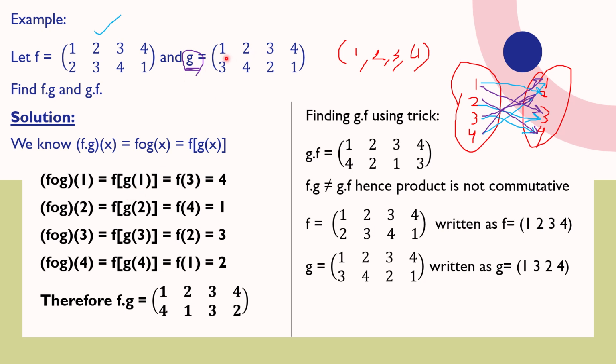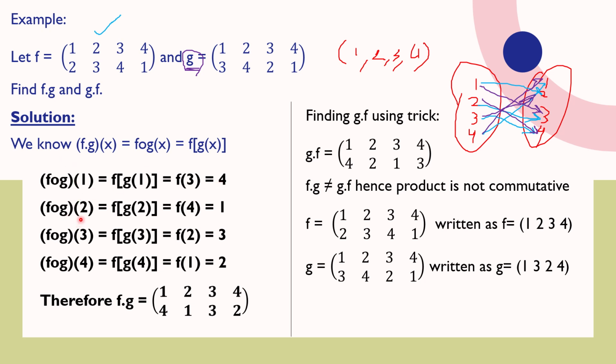G of 1 is 3. So in place of G of 1, you will write 3. So you are left with F of 3. What is F of 3? 4. So the answer is 4, the first one. That is, for F of G of 1 we have 4. This is the product permutation, and for 1 we got 4.